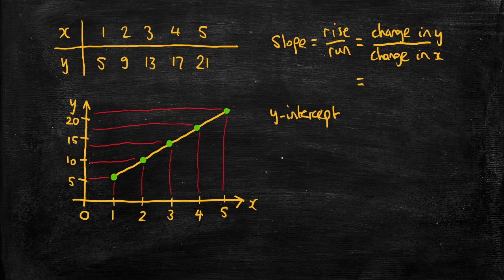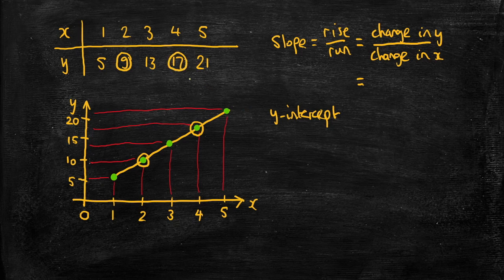So to figure out the slope, all I need to do is pick 2 points. Doesn't really matter which 2 points, just any 2 points along the graph. So let's suppose I pick this one, and let's say this one. Okay, so my rise, my change in y, so this point here, my y value is 9, and this point here, my y value is 17.